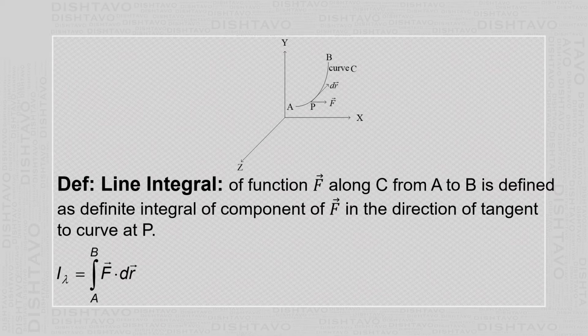So F cos theta is the component of vector F in the direction of vector dr. So in technical language, the line integral of vector function F along C from a to b is defined as the definite integral of the component of F in the direction of the tangent to the curve at P. Tangent means tangent to that curve, that is the direction of dr. So this line integral equals the integral from a to b of vector F dot vector dr.